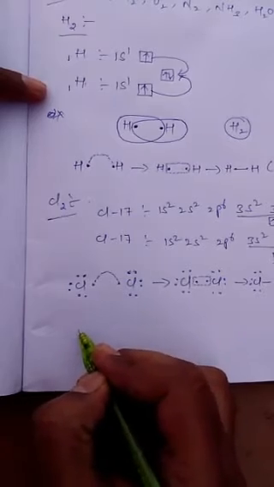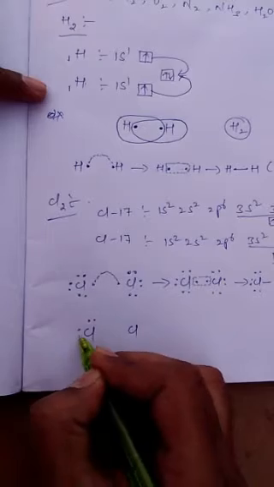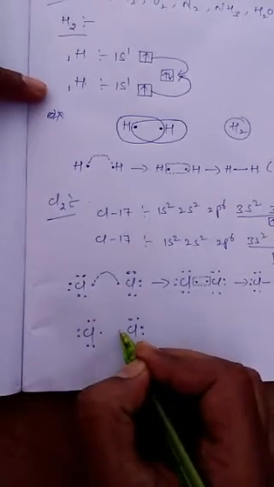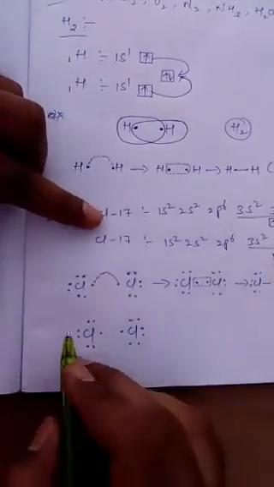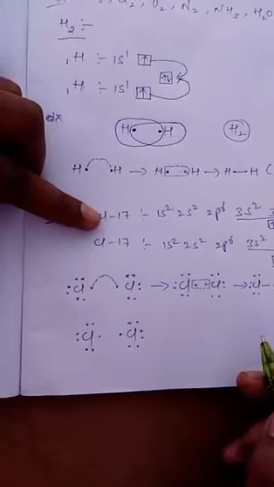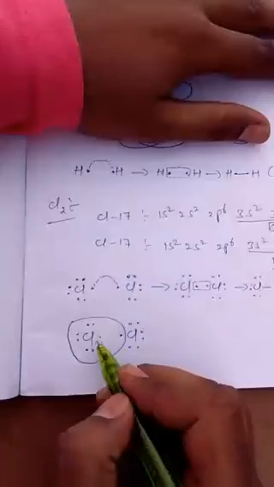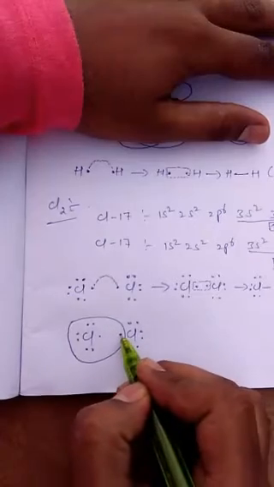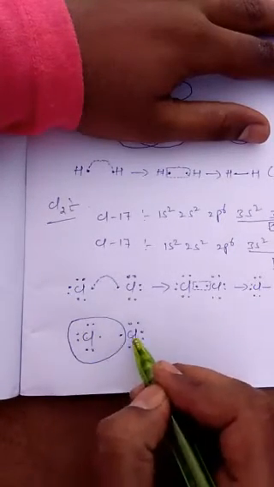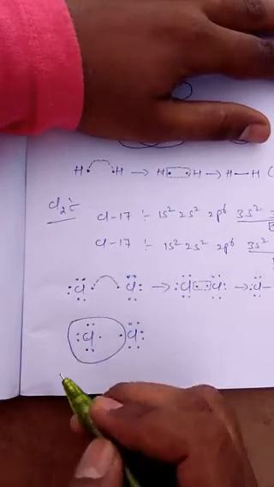Then the geometrical representation of chlorine. Chlorine's valence electrons are 7 only, so you should represent 7 valence electrons. Octet configuration means having 8 electrons in the outermost shell of an atom. Since 7 electrons are there, the first chlorine takes one more electron from the second chlorine, so in this circle the total number of electrons is 8 only. 8 means stable.